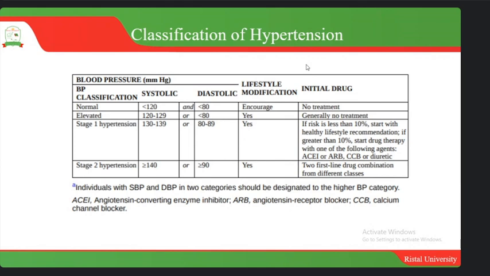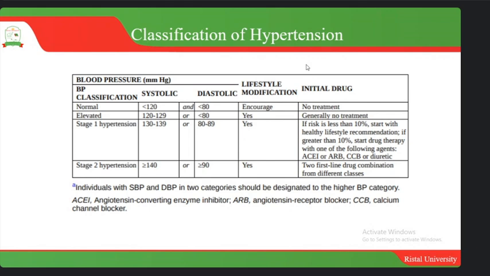So here, if risk is less than 10%, because we take history, we interact with our patients, you can be able to tell how much risk your patient has, what percentage do you think that he can actually get into danger. So you start with healthy lifestyle recommendations by telling him what is expected to do, what is expected to feed on, and so forth.